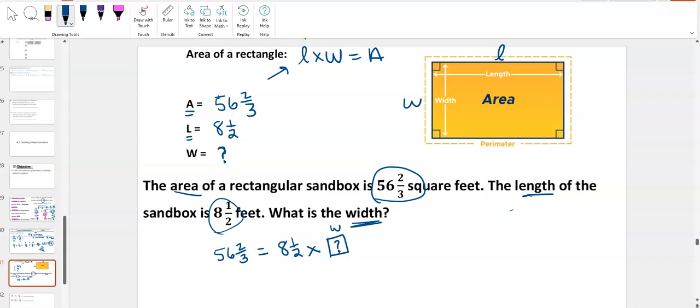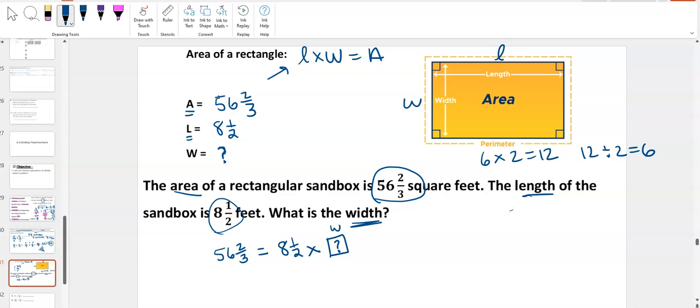Well, as we learned before, the inverse operation of multiplication is division. That means the opposite is division. So again, as a reminder, if 6 times 2 is 12, then 12 divided by 2 is 6. They are reverse images of each other.